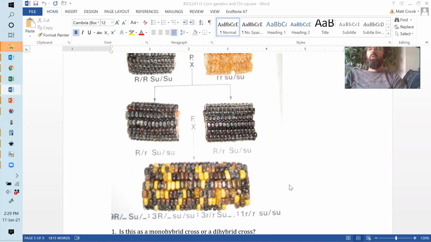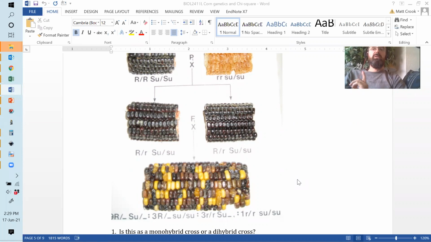So the math is a little bit more involved, but it's the same principles. If you count 60 of these kernels, then you'd expect the round smooth ones to be 9/16 of those 60, whatever that is. That makes sense?